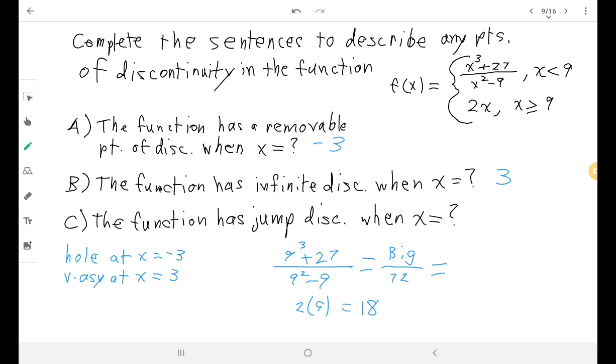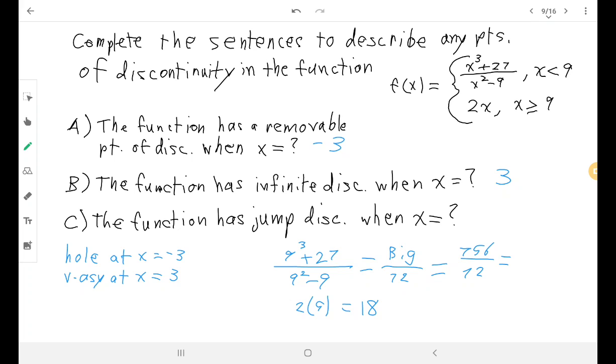I'll do on a calculator what that really big number actually is, and we can talk about the specifics of it. But 9 cubed is 9 times 9 times 9. That's 729 plus another 27 is 756. So 756 over 72.